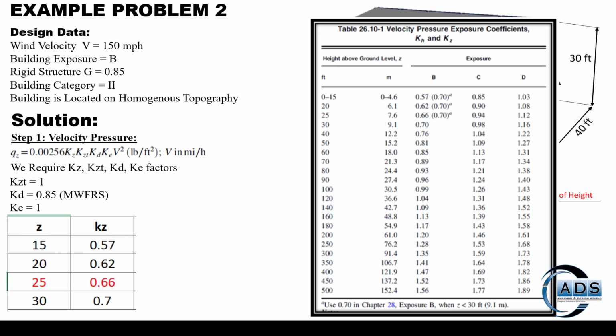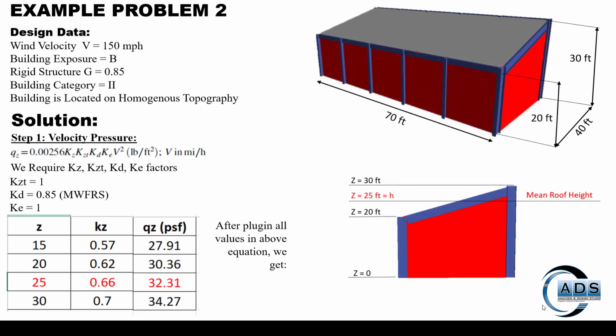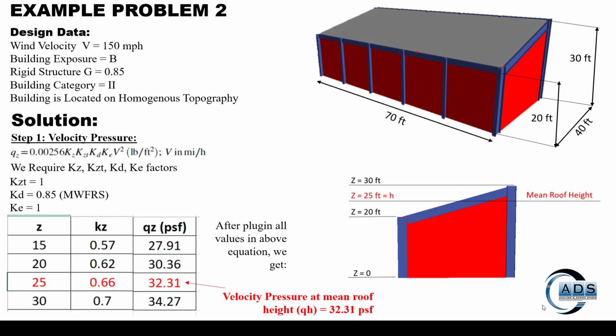The Kz value against each z value is shown. Now after plugging all the values in the above equation, we get qz as this, and the velocity pressure at mean roof height, which is qh, is 32.31, highlighted in red.